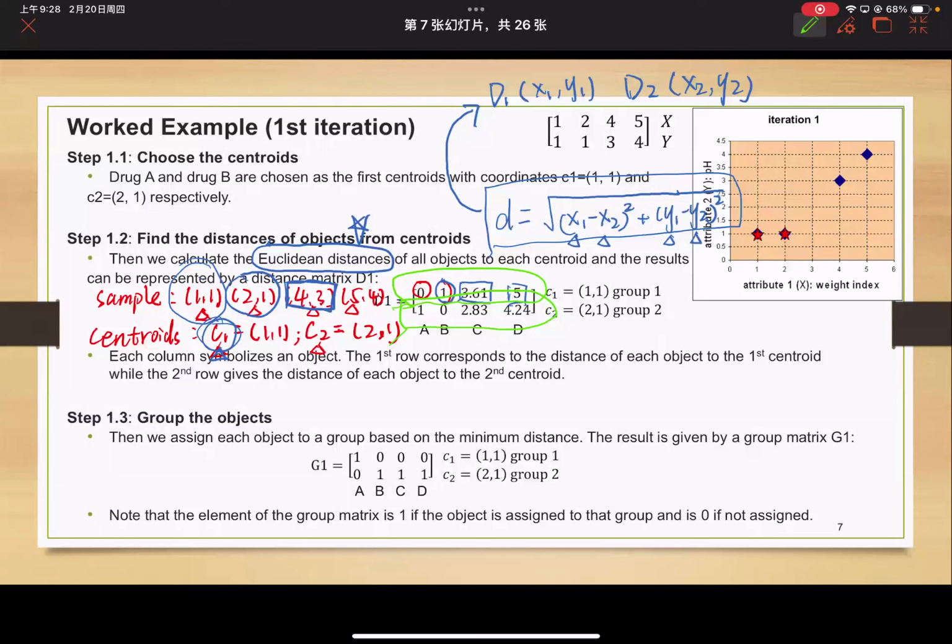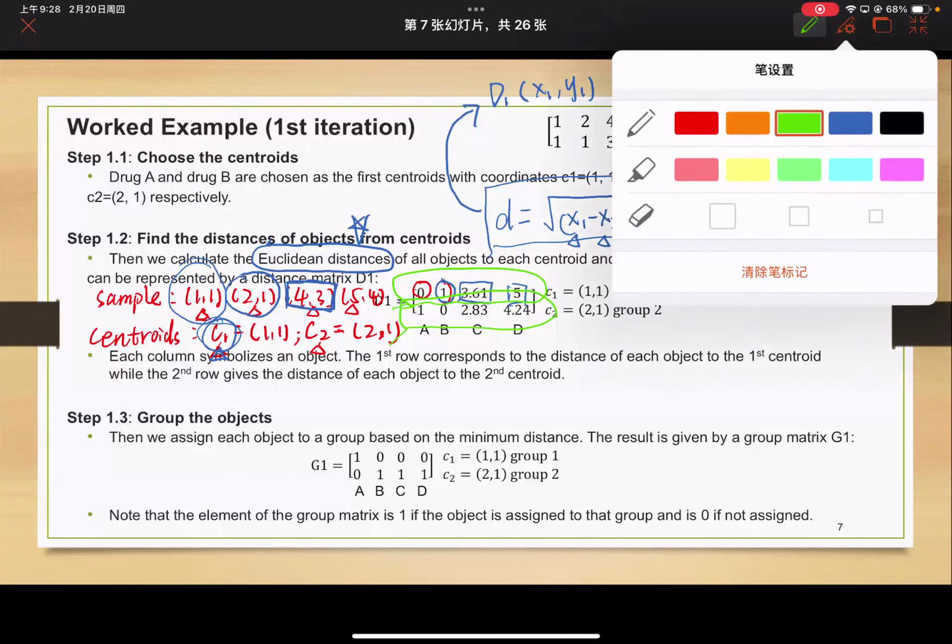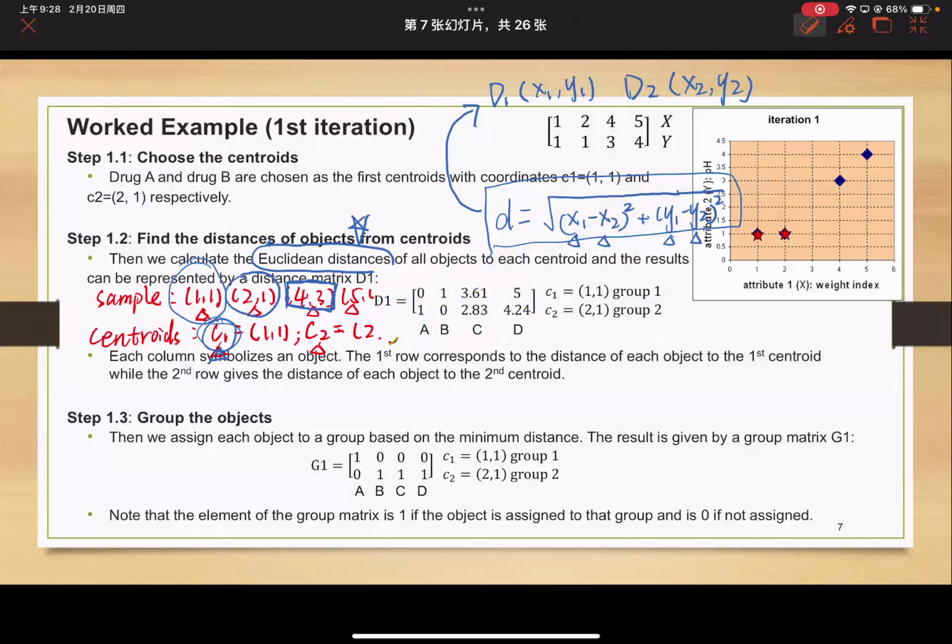So we can see we have two groups of distances, and then we compare the distance in each column. The smaller distance means the object belongs to that group, okay?